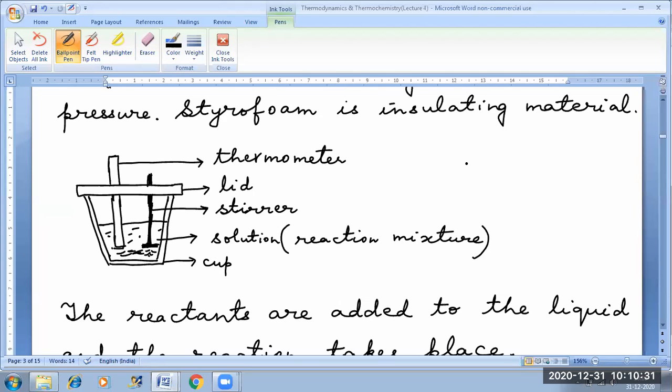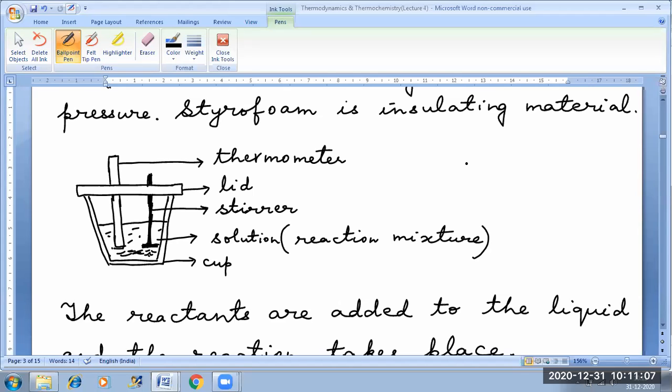After you have agitated the mixture, after you have stirred the reactants and waited for the reaction to get over, you will see a rise in temperature shown by the thermometer. And once the temperature is steady, that means there is no further rise, that means the reaction is over. So you will record the final temperature. You knew the initial temperature.